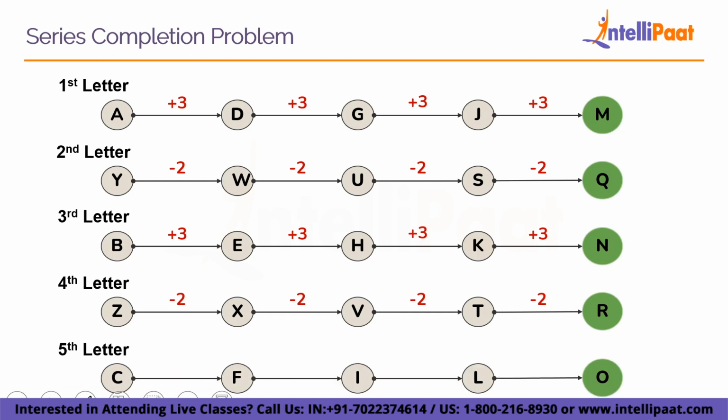And for the fifth letter we are also going to follow the approach of the first letter. We are moving forward by 3 letters from the previous letter. As you can see here, C forwarded by 3 letters we get F, F forwarded by 3 we get I, I forwarded by 3 we get L, and L forwarded by 3 letters we get O. And this is the final term that we need, that is MQNRO, right?